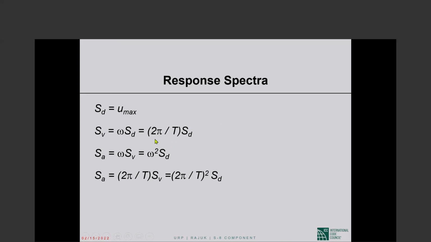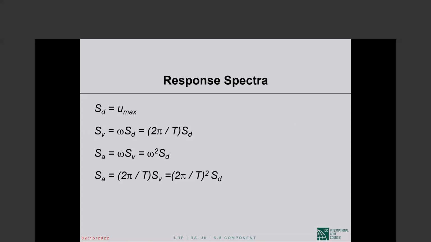And this quantity is very close to, but not the same as, the maximum velocity of the single degree of freedom systems. So this quantity is called spectral pseudo velocity. The term pseudo indicates that it is not quite equal to the maximum velocity, but typically it is pretty close.